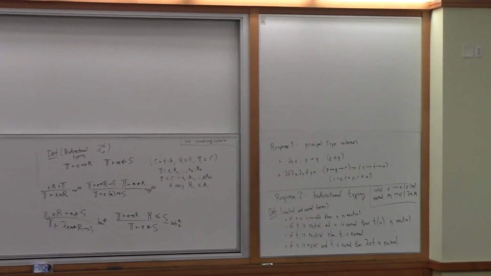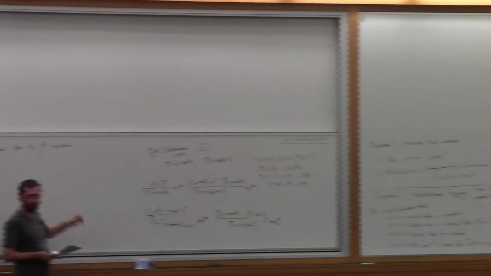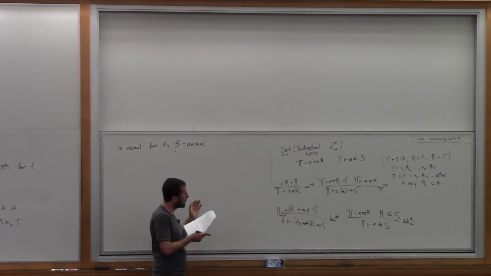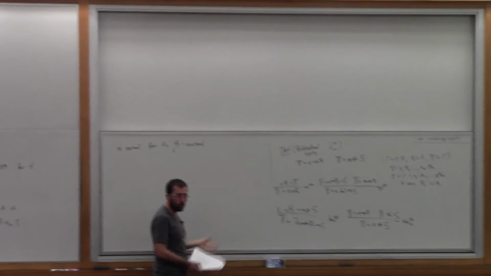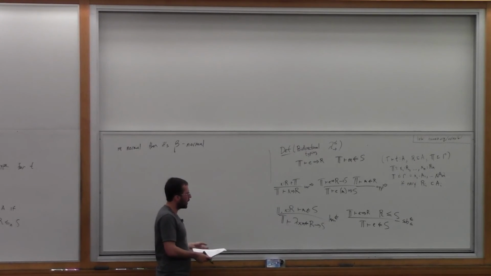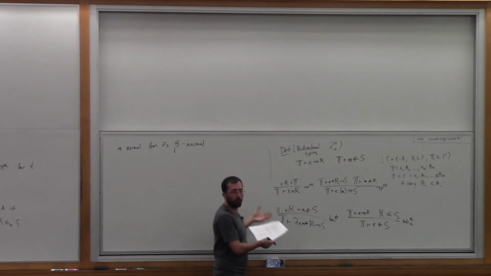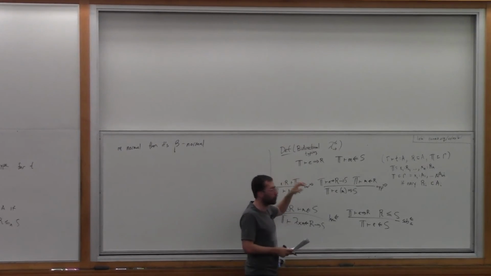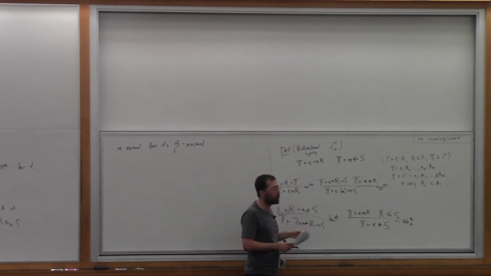Okay. So this is bidirectional typing. And what's neat about it is it looks almost exactly the same as the typing relation. But the idea is that now it's algorithmic. So in the terminology of logic programming, these relations are well moded.